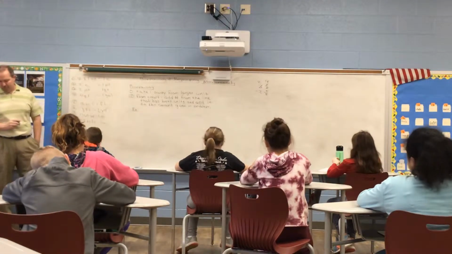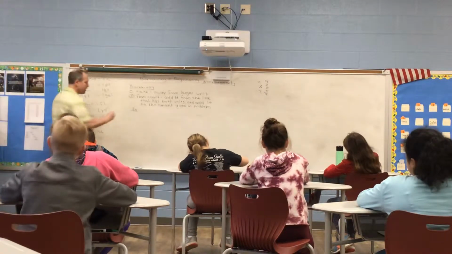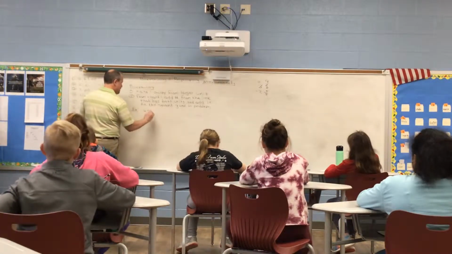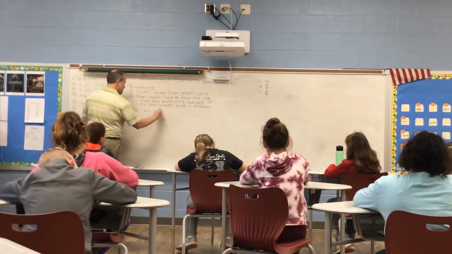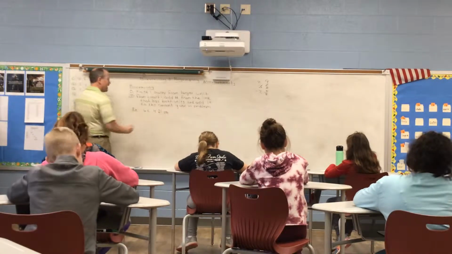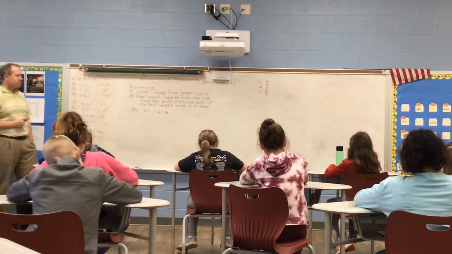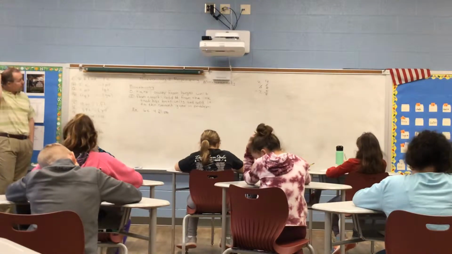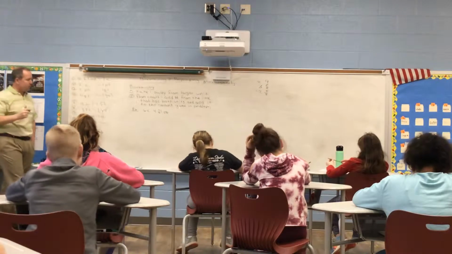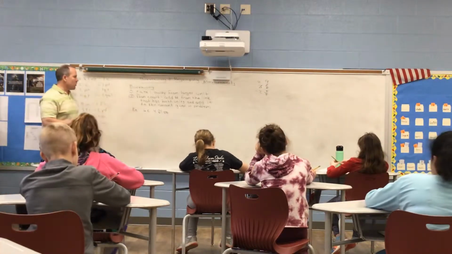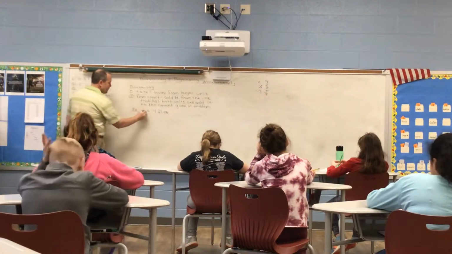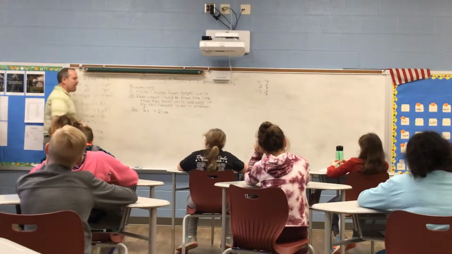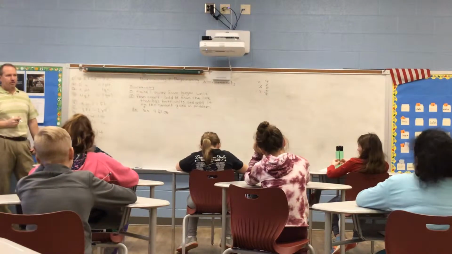Okay, so example. Let's say we have 6 cups and 4 fluid ounces. So we're going to take from the larger unit, which is the 6 cups. We're going to take one away, so that 6 is going to become a 5.